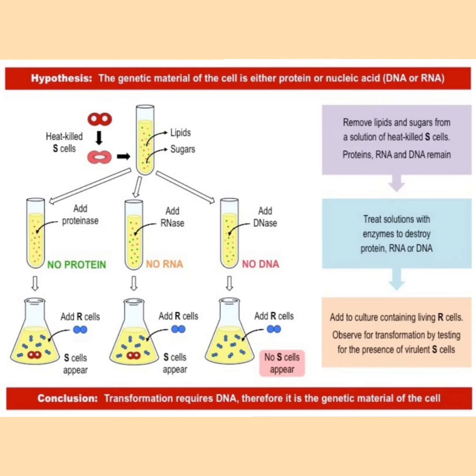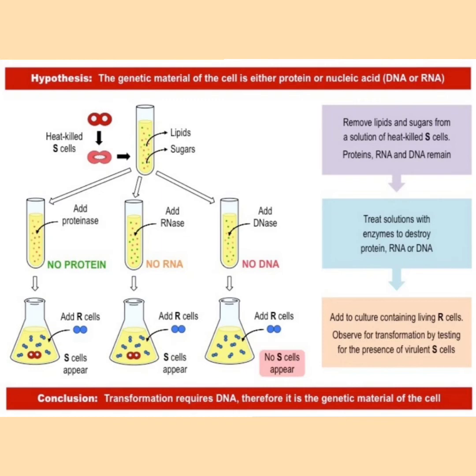In the third sample, DNase is added. So the sample contains the protein as well as RNA, and DNA is removed. To this, R cells are added. This shows that the S cells did not appear in this sample. So after removal of lipids and sugars from a solution of heat-killed S cells, proteins, RNA and DNA remain.